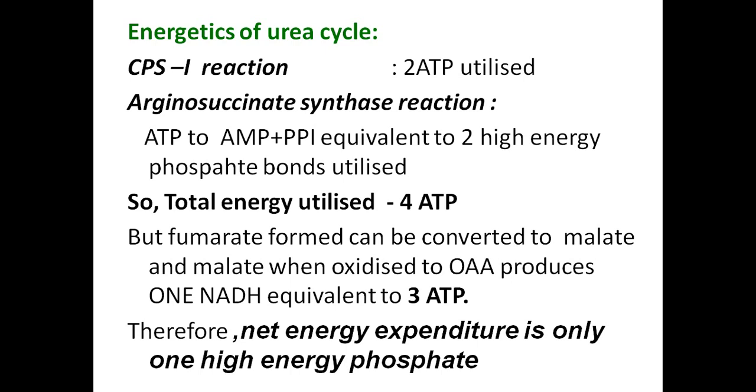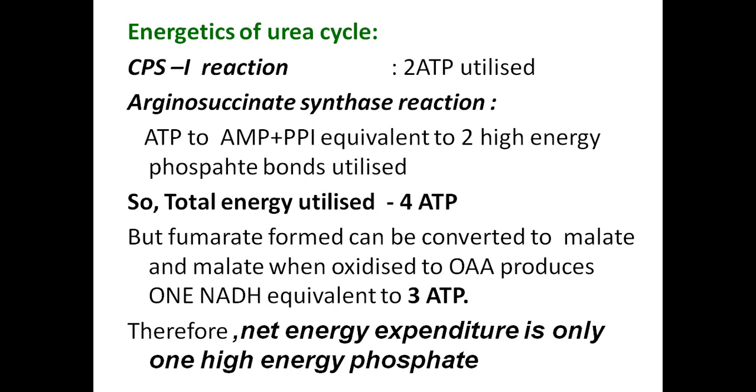But the fumarate that is formed can be converted to malate, and malate when oxidized to oxaloacetate in the TCA cycle produces 1 NADH, which is equivalent to 3 ATP molecules. So the net energy expenditure is only 1 high energy phosphate.